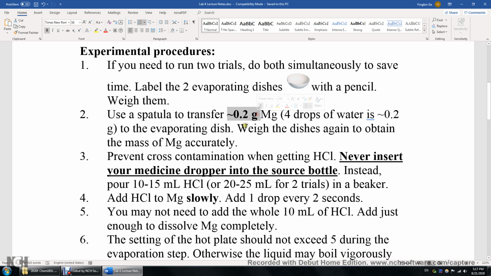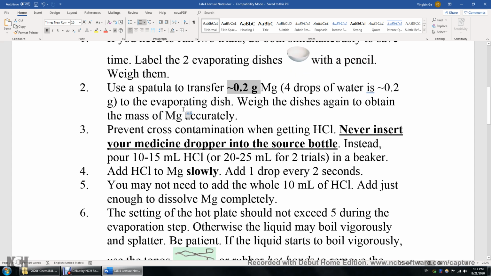0.2 grams is a very small amount. 4 drops of water is roughly 0.2 grams. When you get HCl solution, be sure to avoid cross-contamination. So never insert your own medicine dropper into the source bottle.